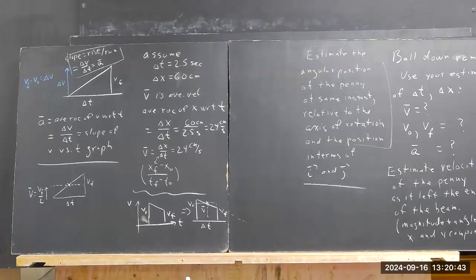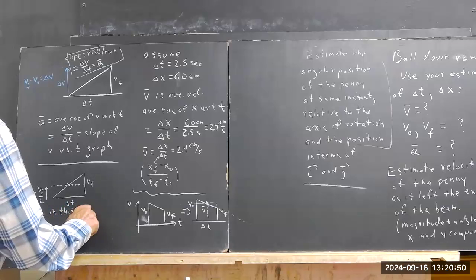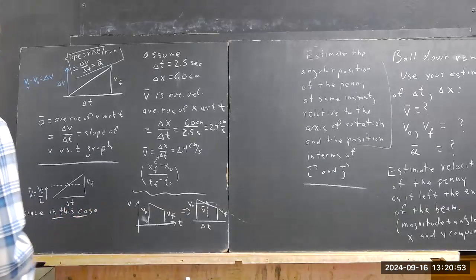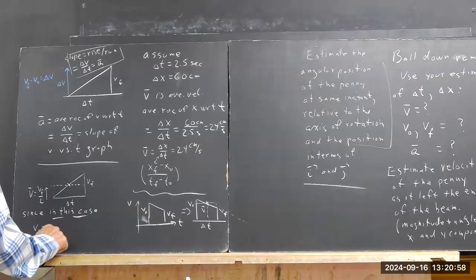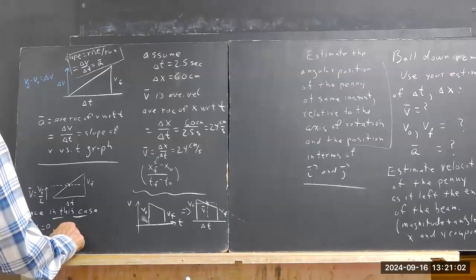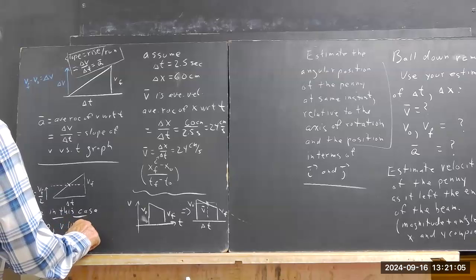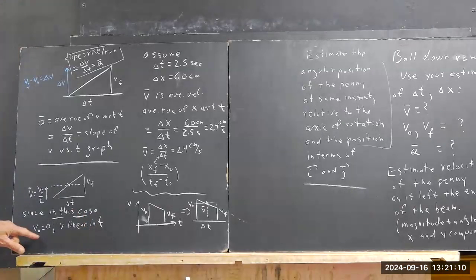Why? In this case, initial velocity is 0 and V is linear in T. This is not a formula you can apply in general.